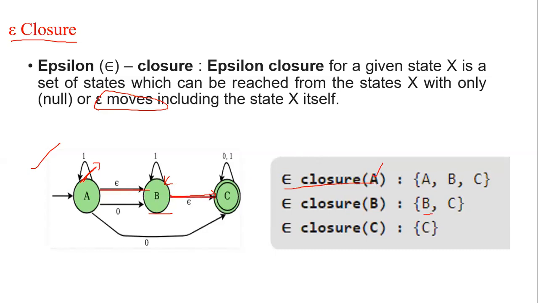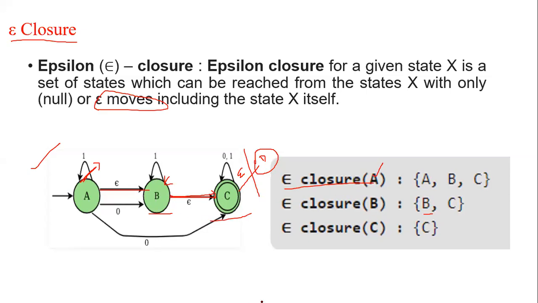From B I can travel to C. If any other node D were available with an epsilon move, I could say the epsilon closure of B is B, C, D. But here there is no D node, the path just ends with node C. So I can say the epsilon closure of B is B and C.